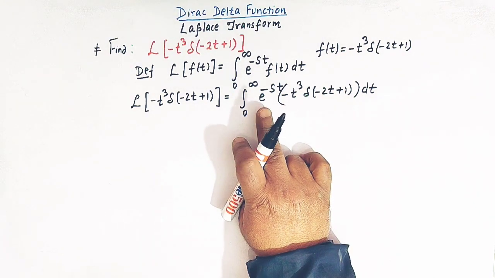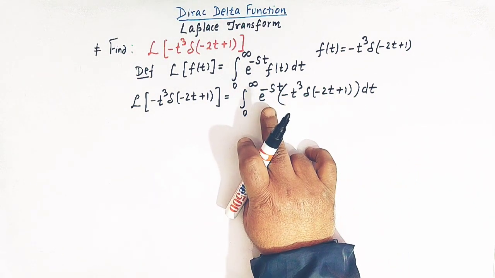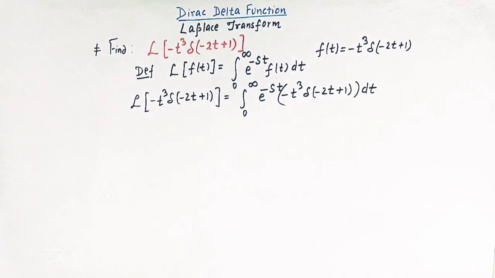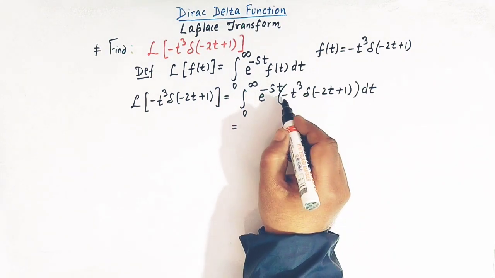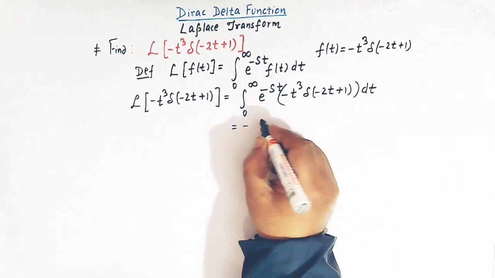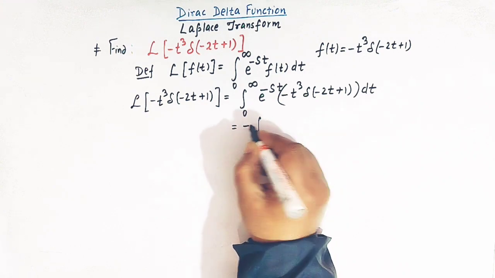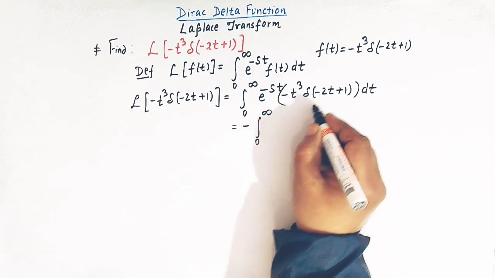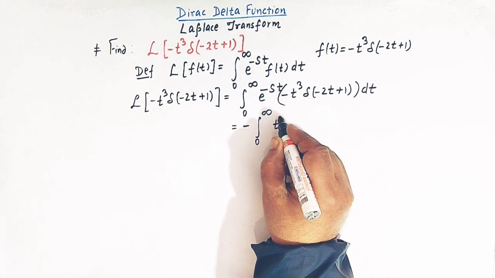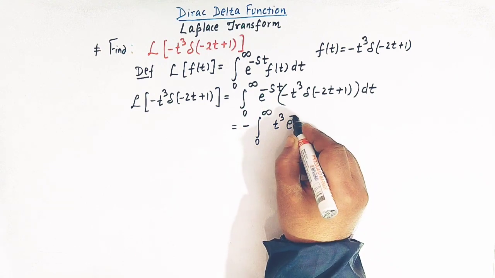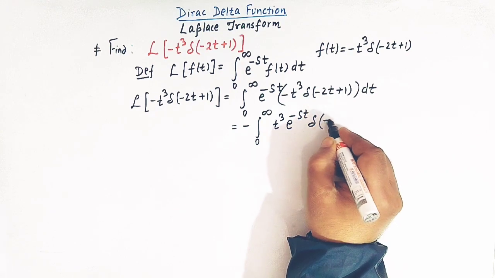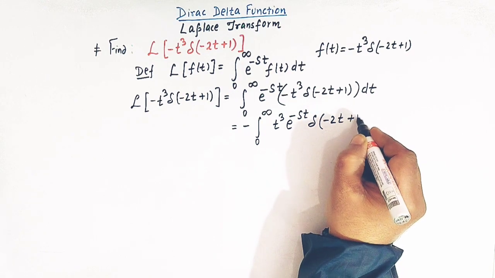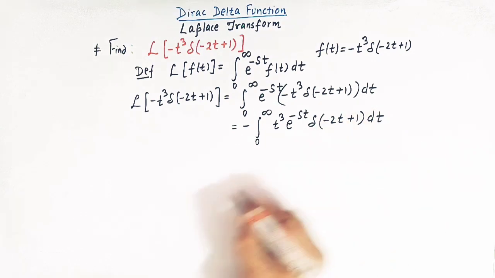Now we have to compute this integral. Let us rearrange the terms. We can take the negative sign outside the integral. We have the integral from 0 to infinity of t cube e raised to minus s t delta of minus 2t plus 1 dt.